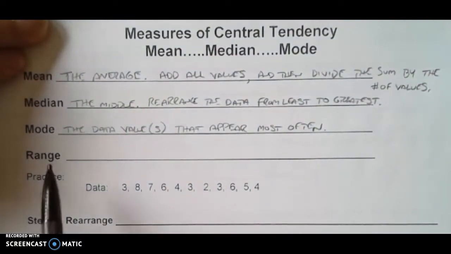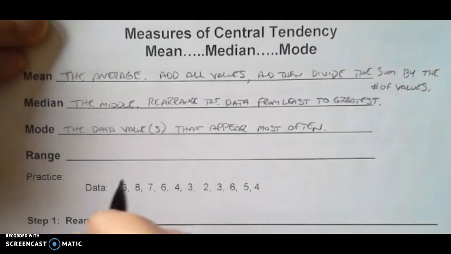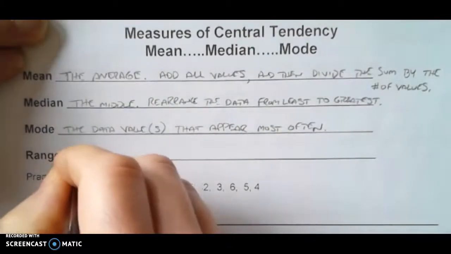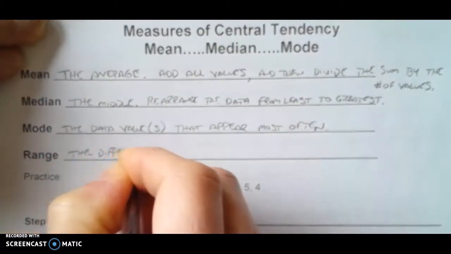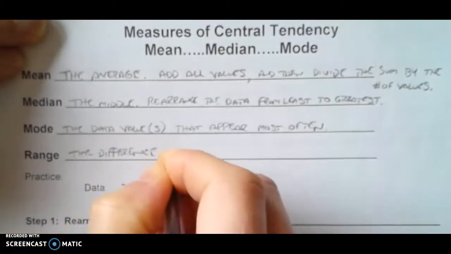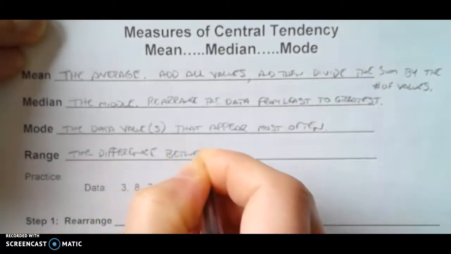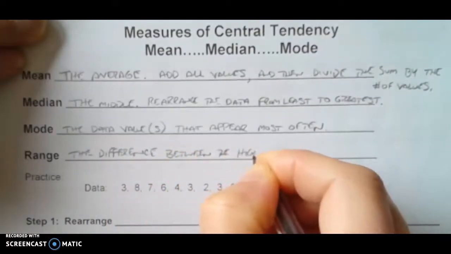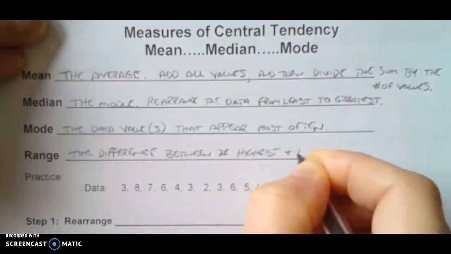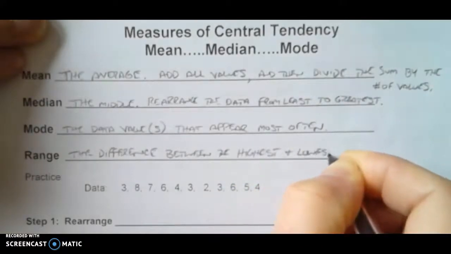Now, range often gets looped in with these, but it is not a measure of central tendency. Range we are going to talk about, but just remember that range is actually not one of the measures of central tendency. The range is the difference, meaning that we're going to have to do a subtraction, between the highest and lowest values.